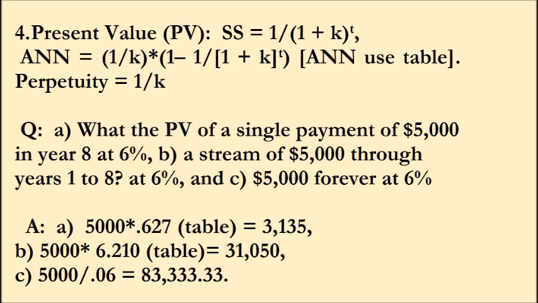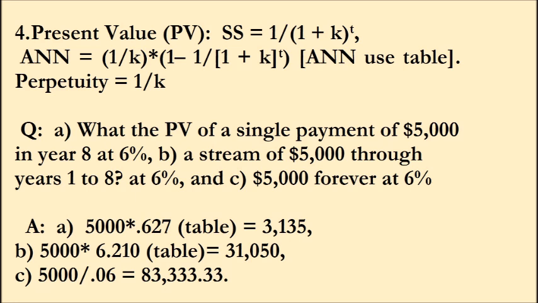payment of $5,000 at 6%, year 8 as a single sum, years 1 through 8 as an annuity, and forever at 6%. Well, for the single payment, we'd look at the table for a single sum that's always less than 1, and we get some $3,135.